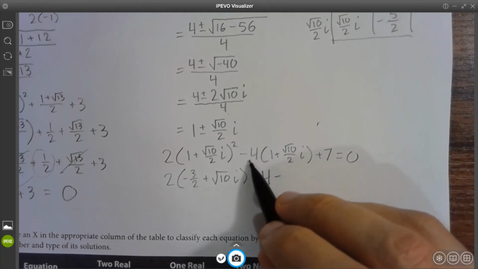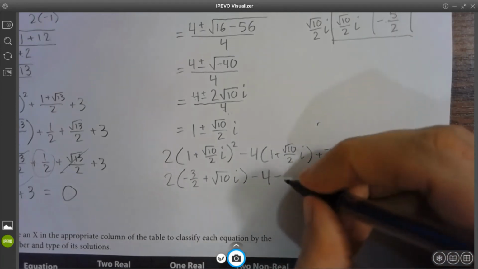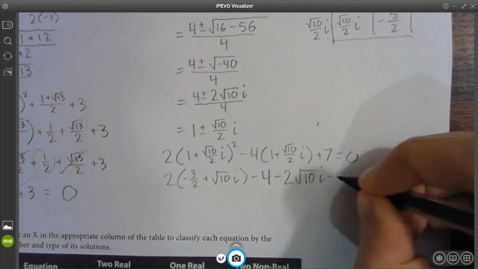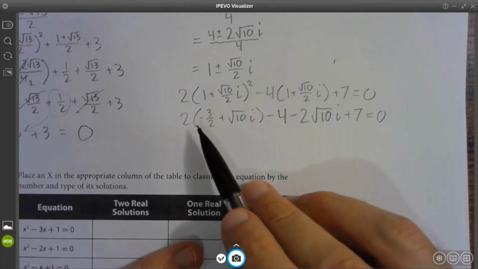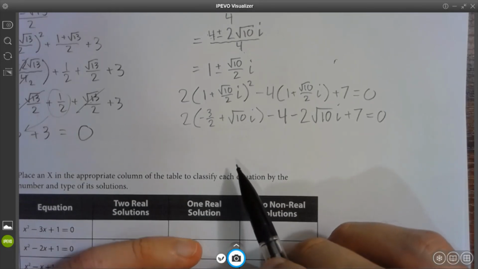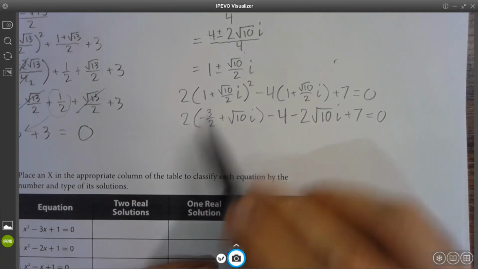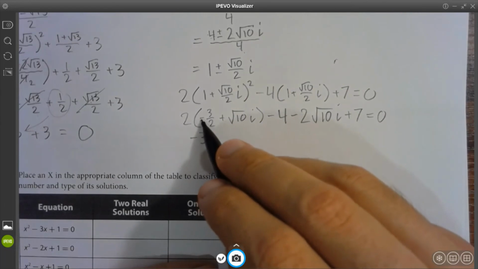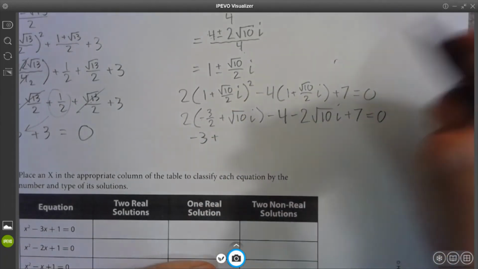The 2 cancels, and we can take 2 out of 4, and we're left with 2 root 10i. And almost done. We need to do this distribution, and some nice things should ideally happen. 2 times 3 over 2. 2's cancel, and you're just left with negative 3. I think I forgot to say negative 3 over 2. It is negative, of course. 2 times root 10i. Well, that's 2 root 10i.